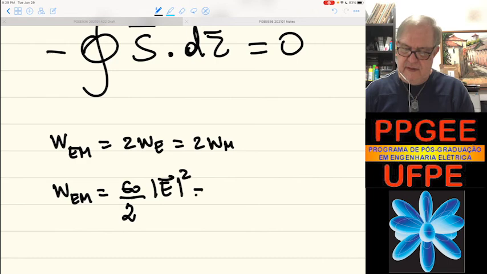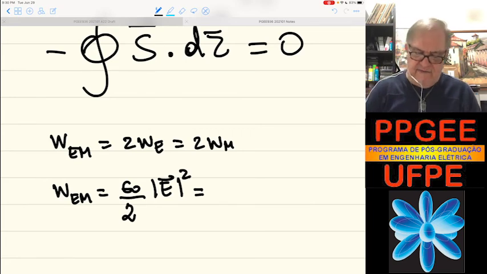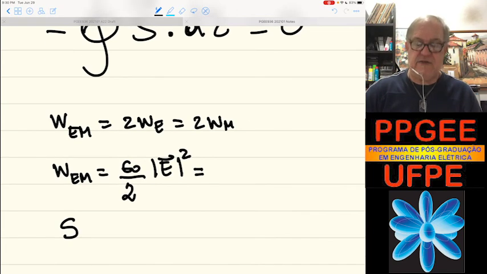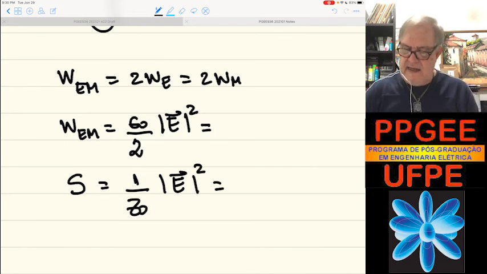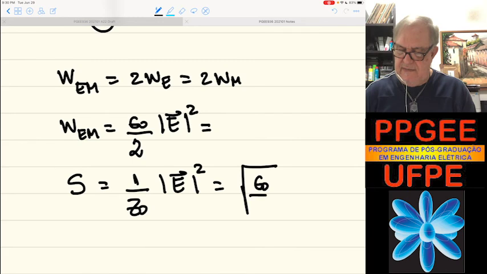And the magnitude of the Poynting vector equals 1 over Z0 E squared, so that's the square root of epsilon 0 divided by mu 0 times E squared.